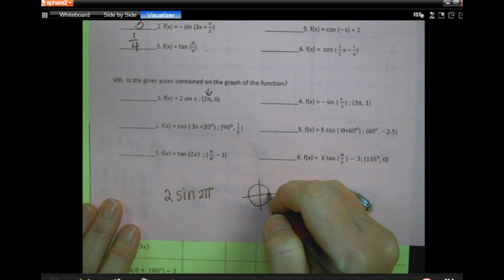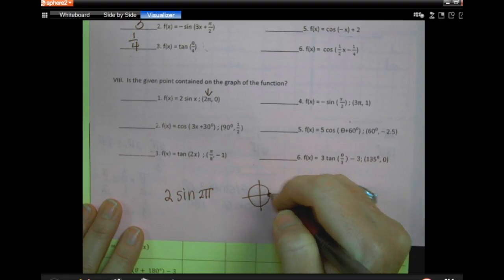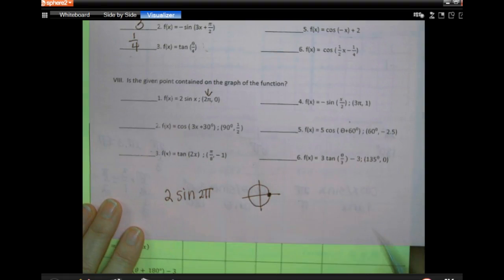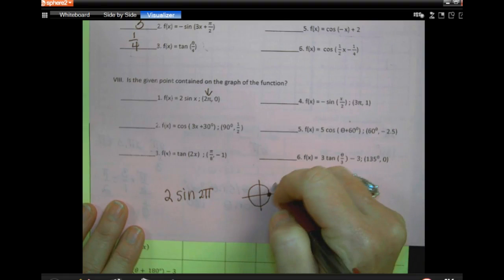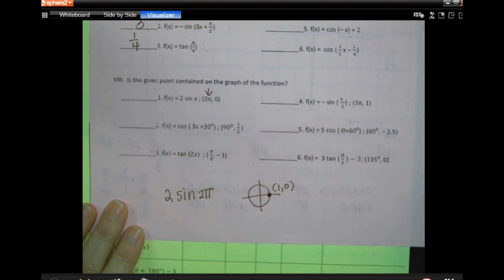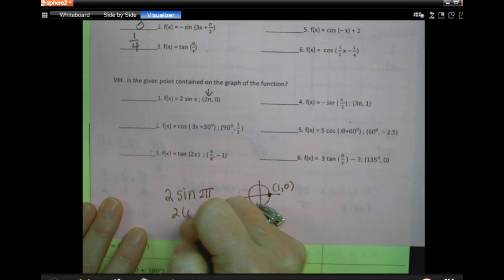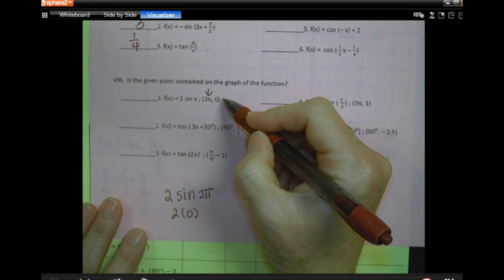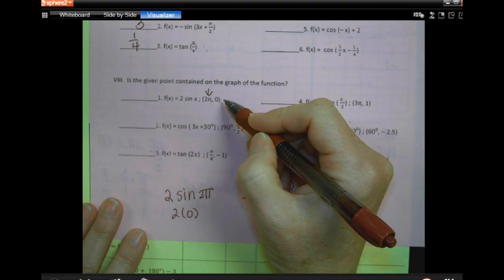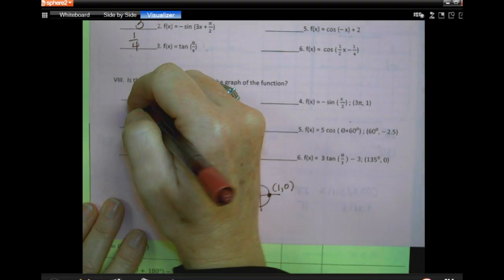So, okay. So look, Bruno, what is the point right here? It's 1, 0. Sine is the y value, so it's 0. So the sine of 2 pi is 0. 0 times 2, is that the y value they gave you? Yes. So that point is on the graph. So this is a yes.